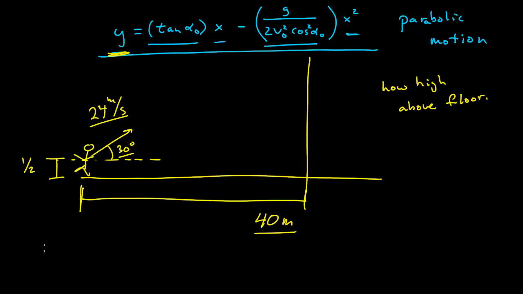And so y is equal to tangent of 30 degrees, which is 1 over the square root of 3, times x, which is 40, so that's 40 over the square root of 3, minus 9.8 over 2 times 24 squared.